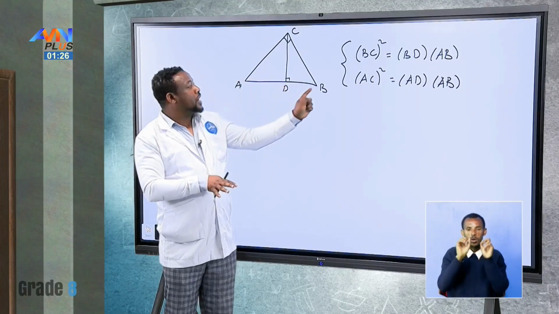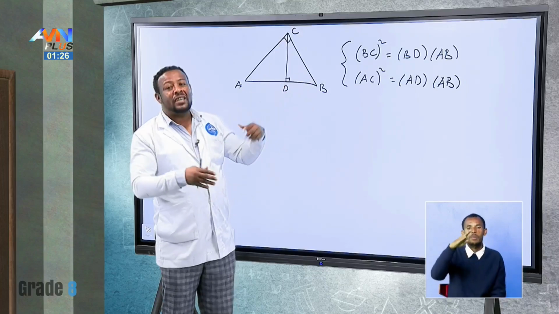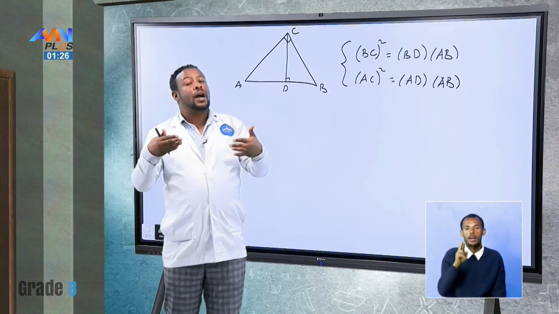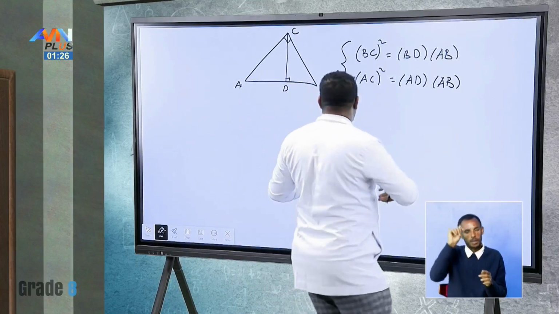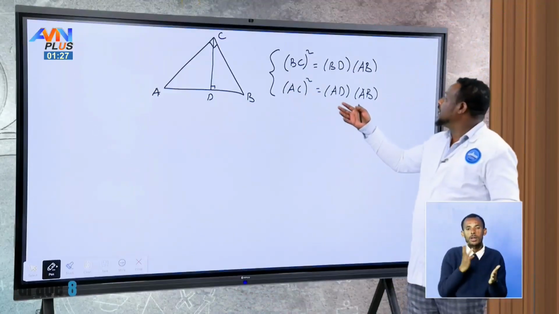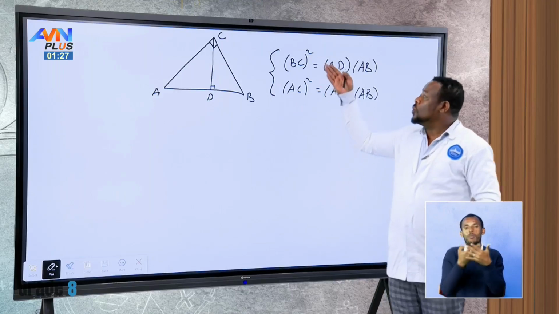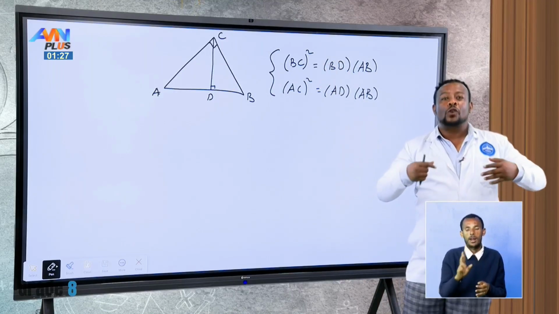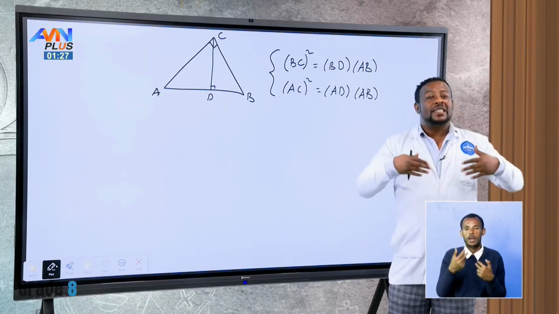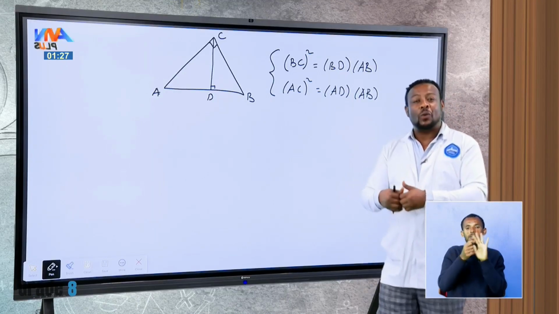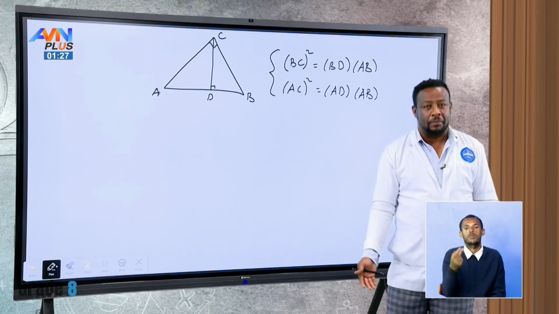Okay, the bigger triangle ABC and CBD are similar again by angle similarity theorem. So based on this similarity, we could derive the second formulas, right? So these two are the formula that we already derived, and we have also seen some of the examples that requires the application of Euclid's theorem, right?